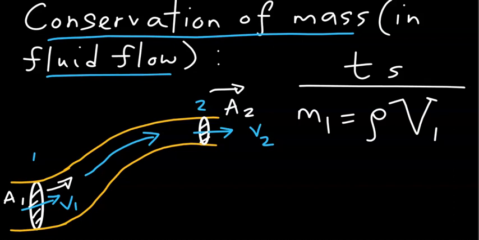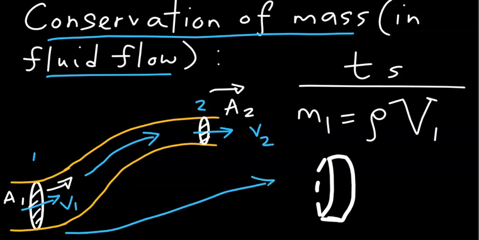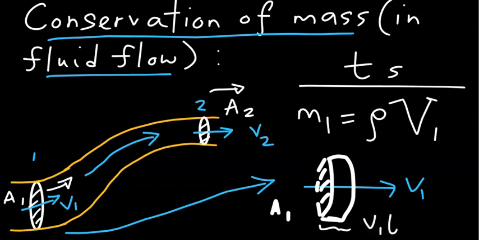How do we compute capital V1? Let's assume this is region 1 right here. So the cross-sectional area here is A1. The fluid is moving like that with velocity or speed v1. That means in time t seconds, it would have moved a distance of v1t.